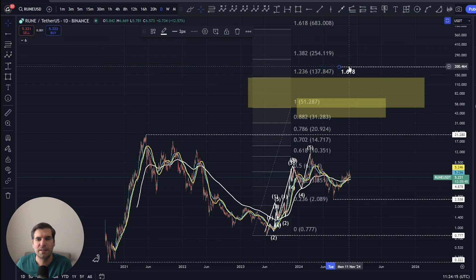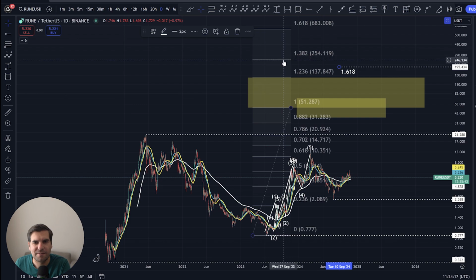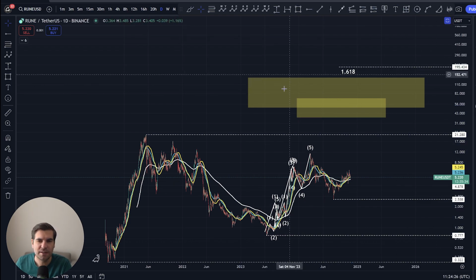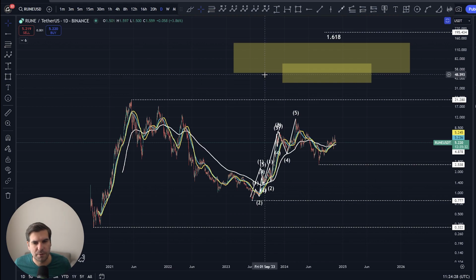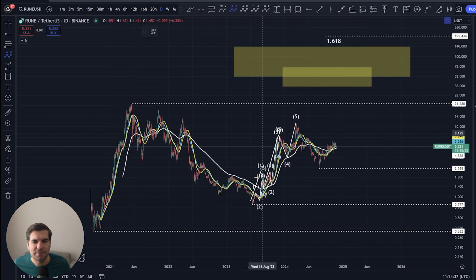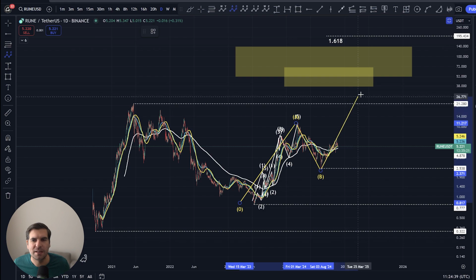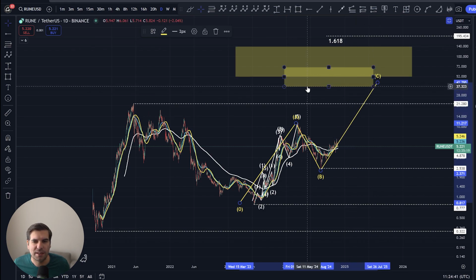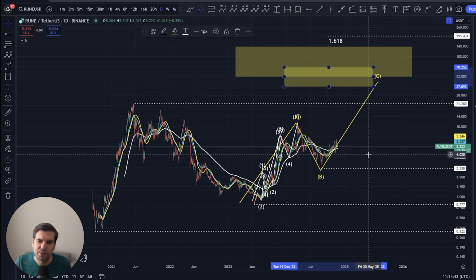So we know there's a very unlikely chance that we're going to go more than what we did in the previous bullish market, based on the fact that it's going to require a significant amount more money to do so. So I think our conservative targets are the ones of focus, which basically means there's clearly something I'm missing with the 2020 to 2021 bull market, and I lean more aggressively on thinking that this is an A, B, C structure, and we should be thinking about conservative targets between $37 and $70.